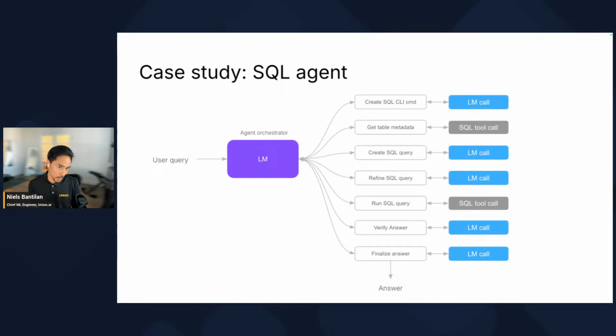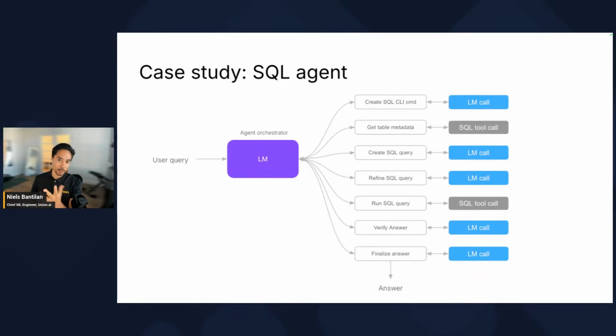So first, you want the agent to make a SQL CLI call to get sort of the metadata behind the relevant tables in your database. So you'll take that generated CLI command and do a lighter weight tool call here to get the table metadata.